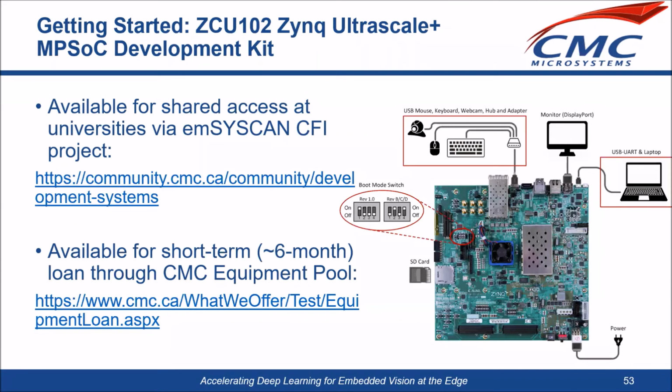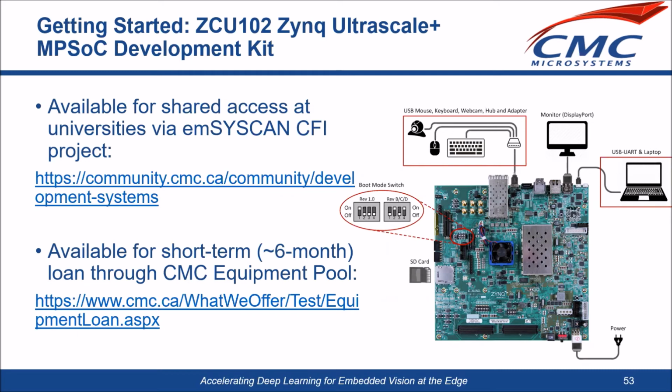As I mentioned, the ZCU102 MPSoC development kit has been made available through the CFI, the MSysCan CFI project. There's a link in our community space for the development systems, and this will list the locations and contacts at each institution that has these.